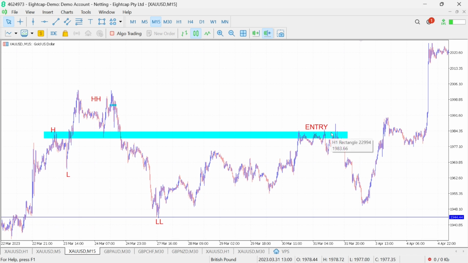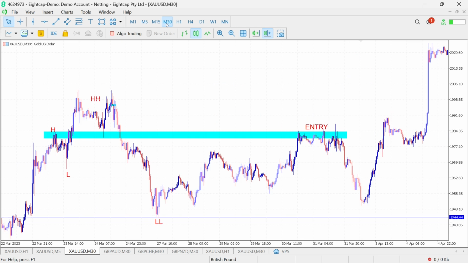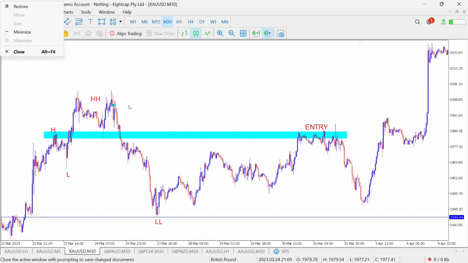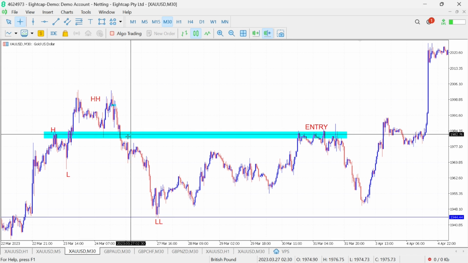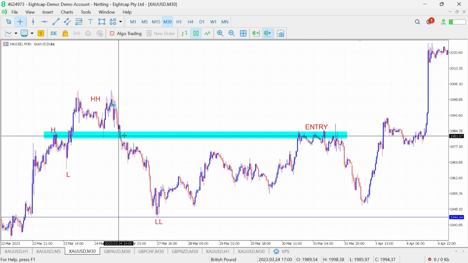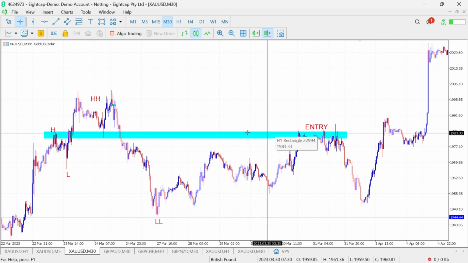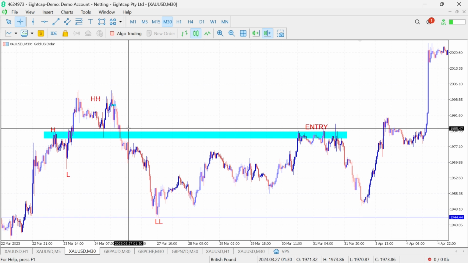You understand? Now if I move to the 30 minutes time frame, now as you can see right here, I want you guys to take note of something right here. So this is your high right here, and you can see a supply zone right here.